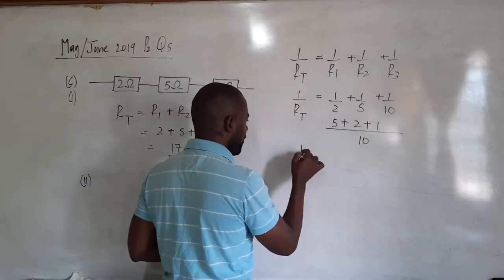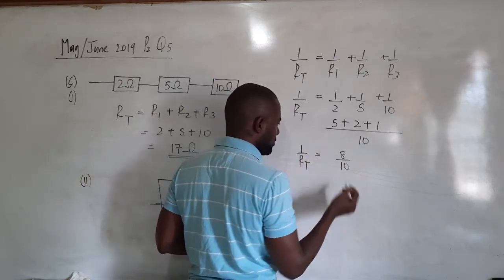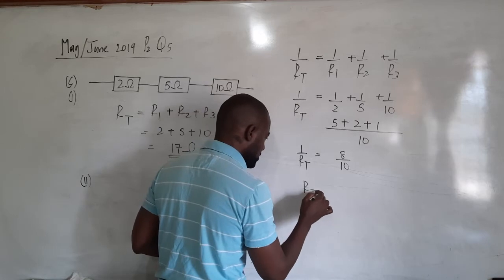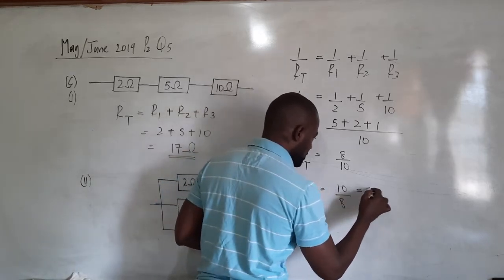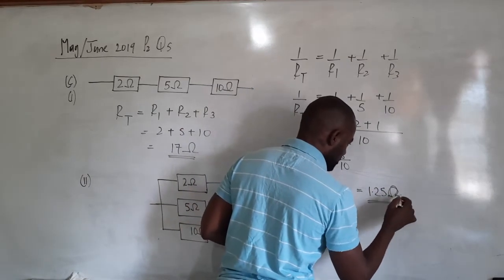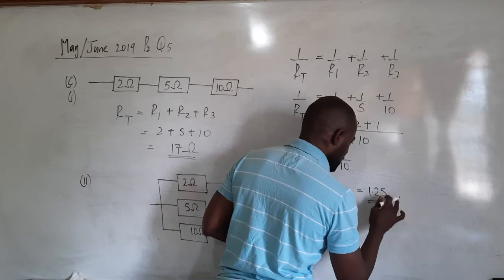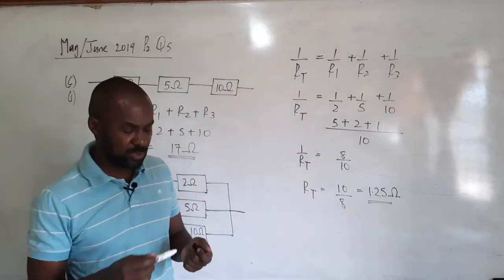So therefore we get 1 over RT is equal to 8 over 10, and therefore RT is equal to 10 divided by 8, which gives us 1.25 ohms, right? So the equivalent resistance of these resistors connected in parallel is 1.25 ohms.